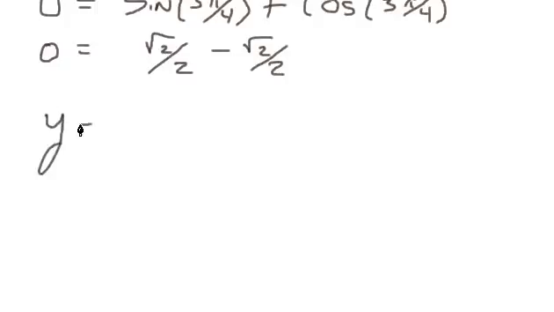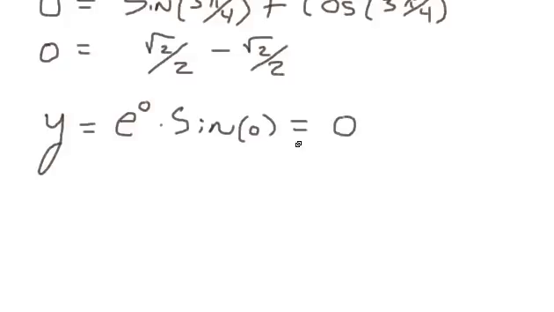So we have y is equal to, plugging in 0, e to the 0 times sine of 0, plugging in one of our endpoints, and that's going to be 1. Sine of 0 is 0, so we get 0 out.